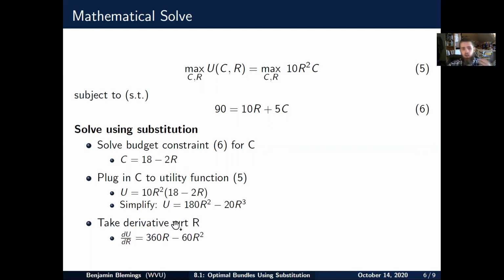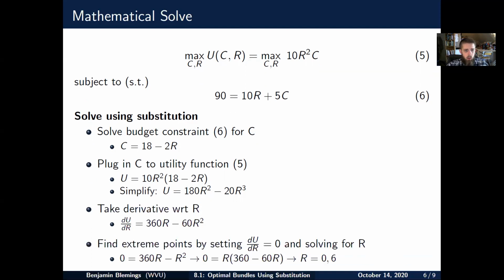Now we have the derivative with respect to r. This is the slope of the utility function as r changes. We know that at a maximum or a minimum point, the slope is 0. So we plug in 0 slope and figure out at what r there's a 0 slope. We've just made du dr 0 and solved for r.